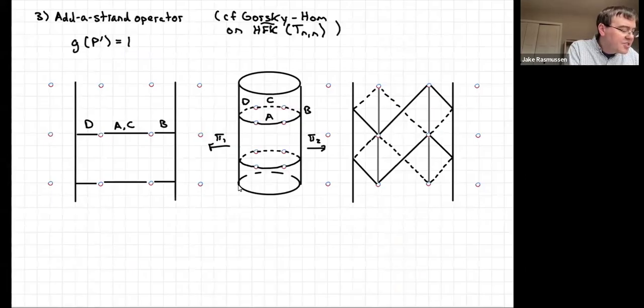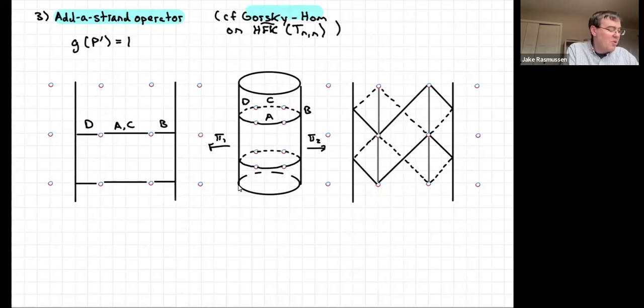Now, just to illustrate some interesting things that can happen, let's talk about the add a strand operator. This add a strand operation figured prominently in Gorski-Hom's calculation of the link Floer homology of the NN torus link.